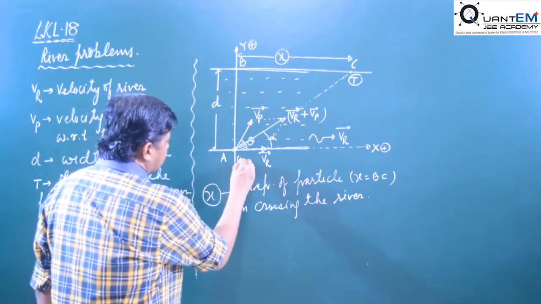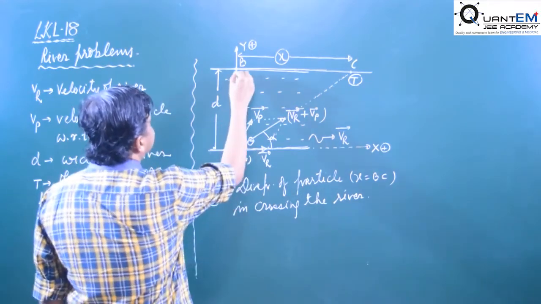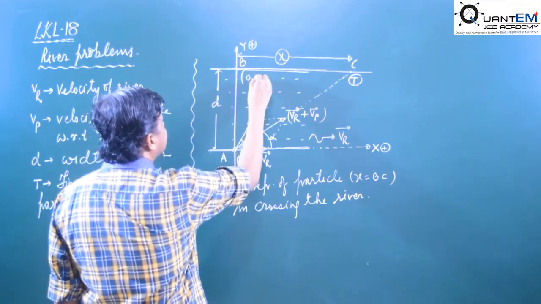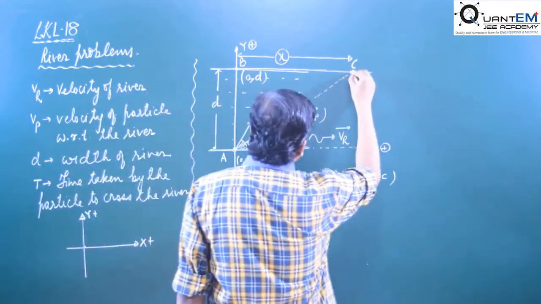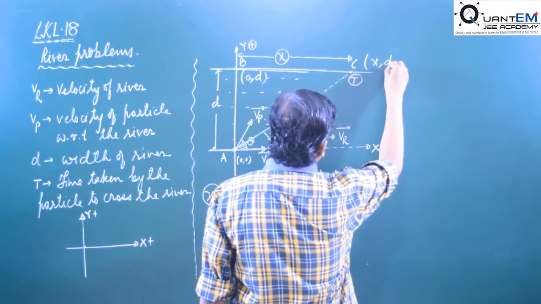This point is 0, 0, this point is 0 and D, and this coordinate is x and D.